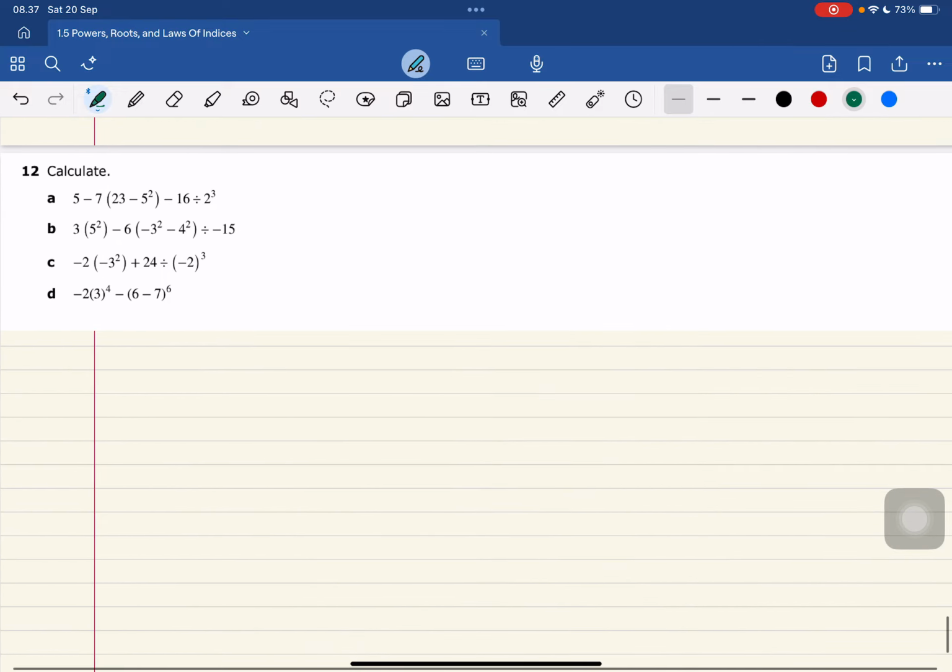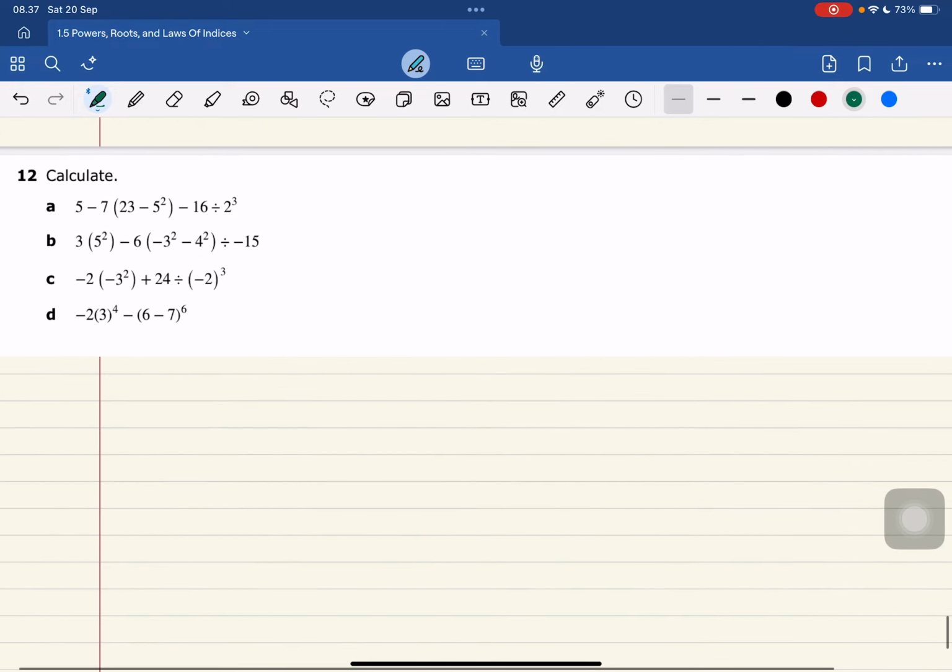You may use a calculator. So this is going to be 5 minus 7, and then you can write it divided by 23 minus 5 squared, and then minus 16 divided by 2 cubed. So this answer is going to be 17.